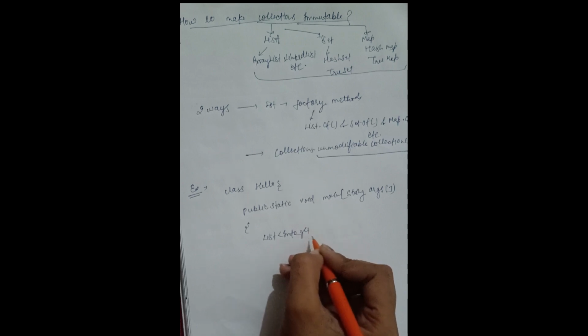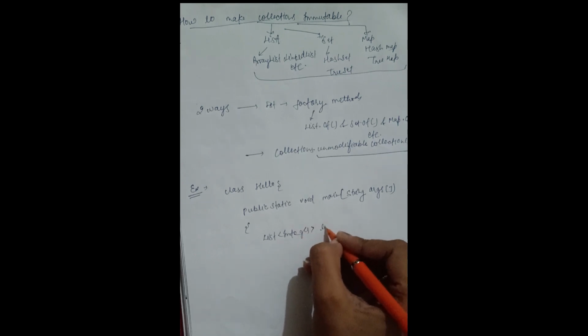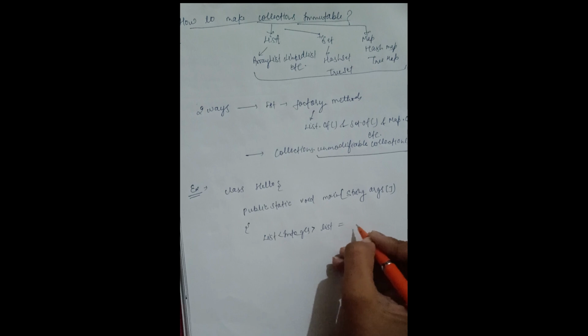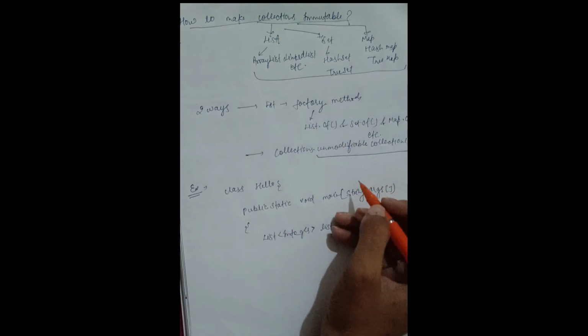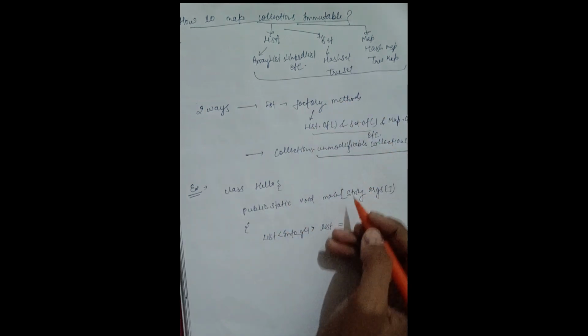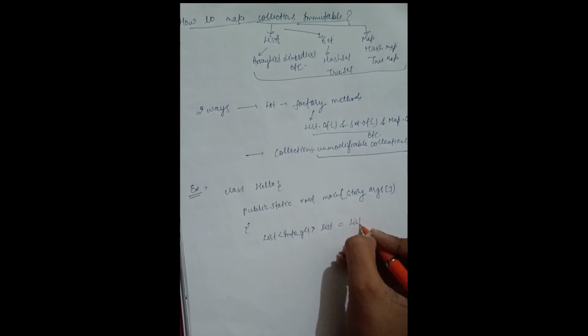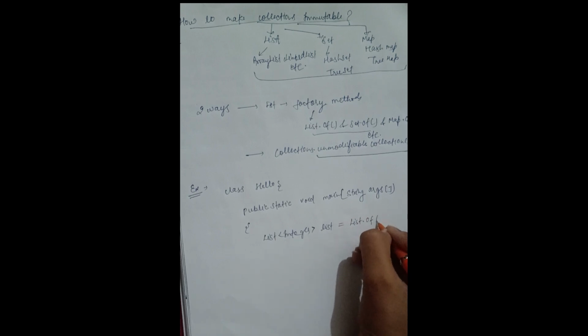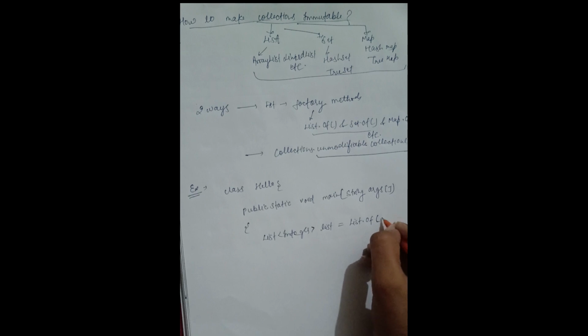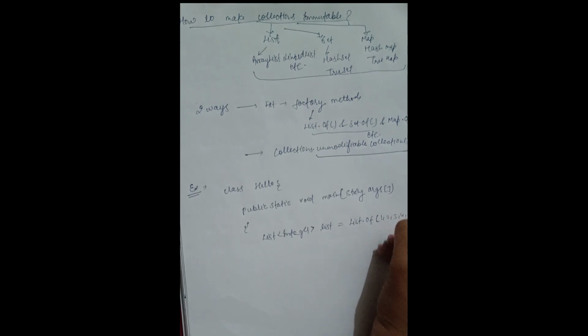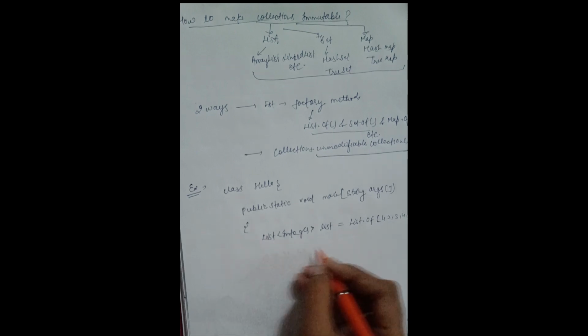A list can hold any data type, but we use Integer here. So List equals, for creating an immutable one, first we use these methods. If we are creating a list, then List.of, and here we pass the elements we want: 1, 2, 3, 4. These are some.